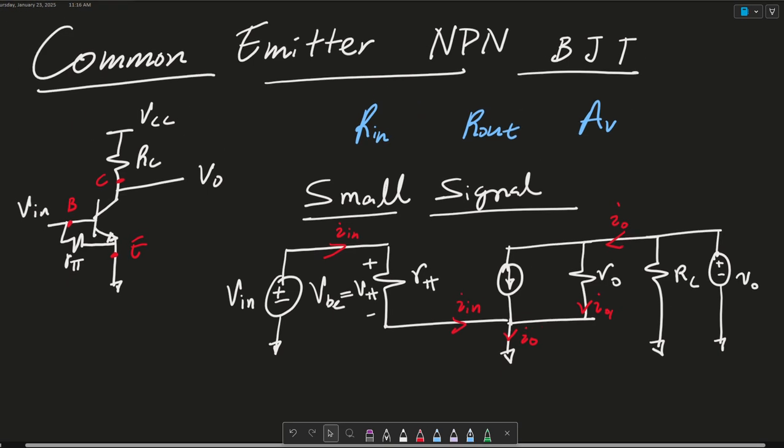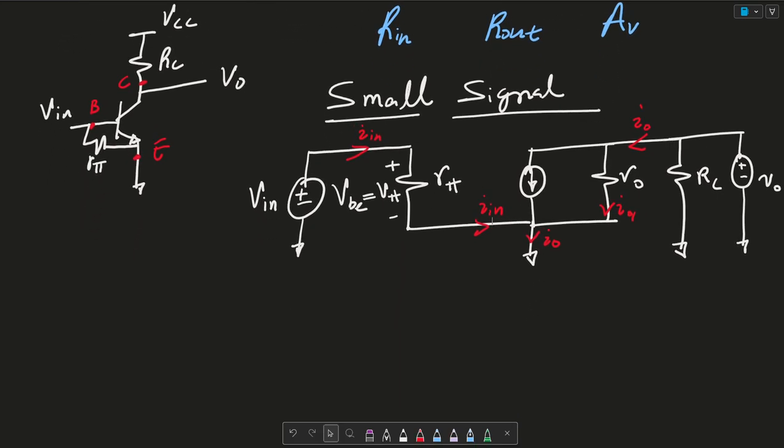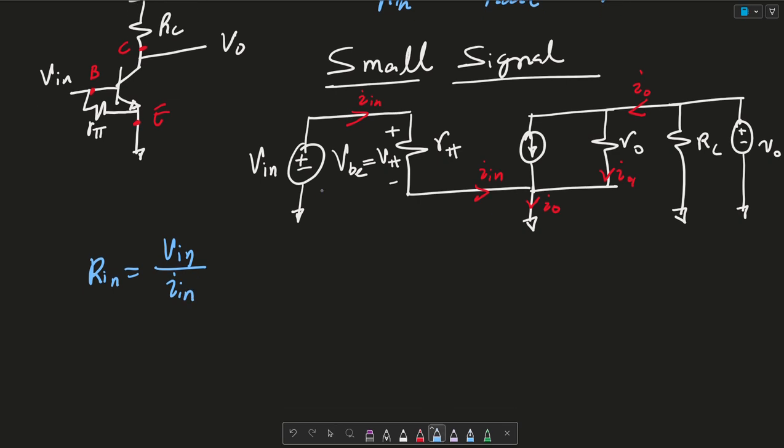So let's start by finding the input resistance R in, and we note that R in is equal to V in over I in. If we do a KVL right here, we note that minus V in plus R pi times I in is equal to 0.